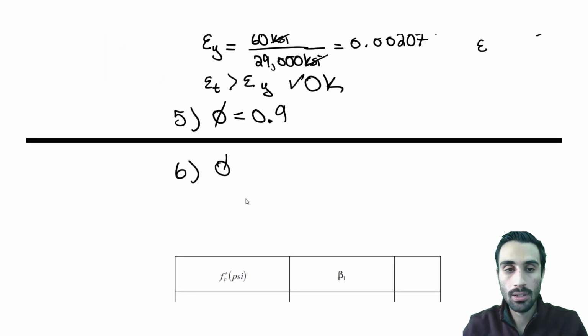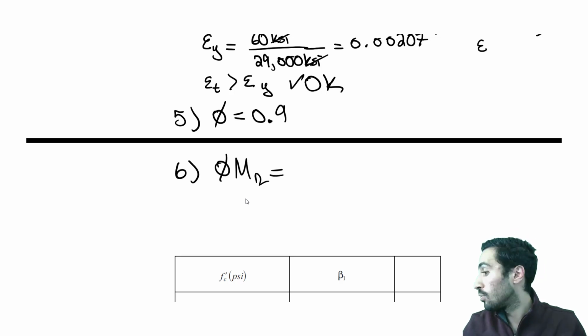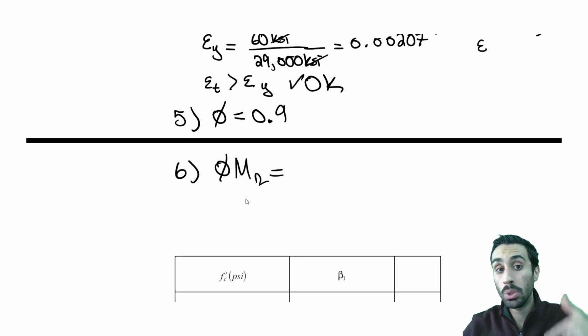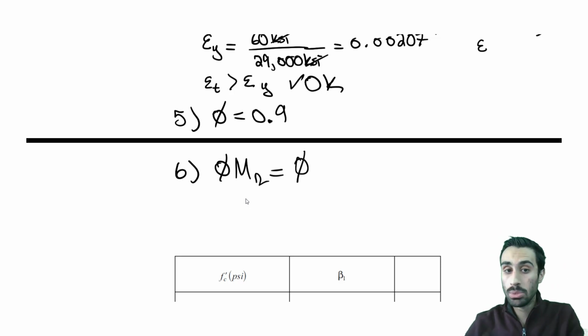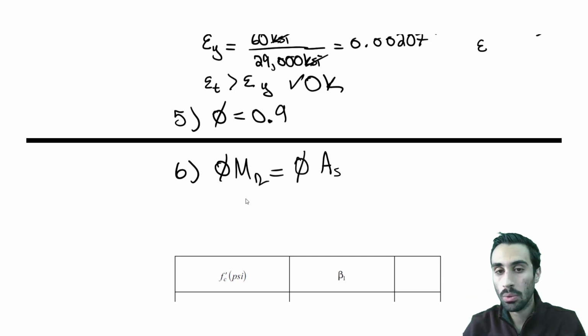So now phi Mn is going to equal our value. We took phi times Mn, so I'm going to do phi times Mn, right? What you do to the left side of the equal sign, you must do to the right. And we know Mn is As times fy times d minus a over 2.